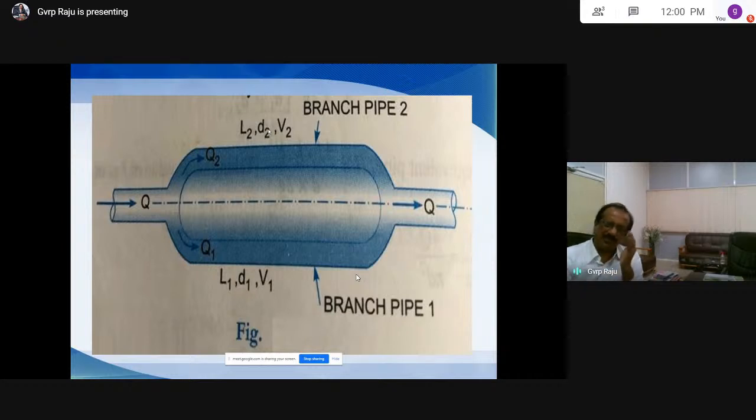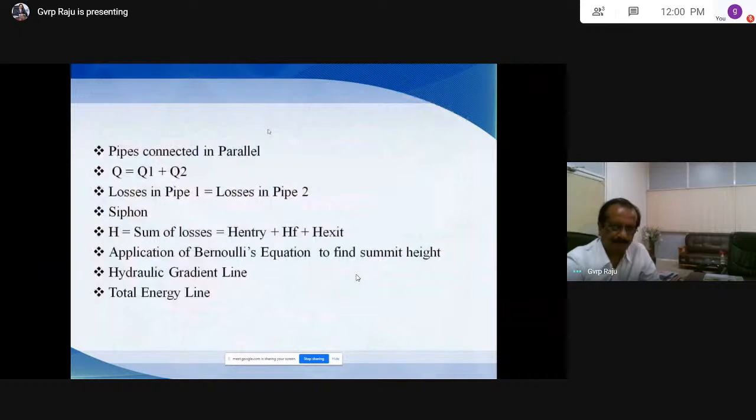And the friction loss for pipe 1 equals that for pipe 2, and Q is equal to Q1 plus Q2. So the first equation is Q is equal to Q1 plus Q2, and the loss in pipe 1 is equal to the loss in pipe 2. In other words, you can take HF1 is equal to HF2.